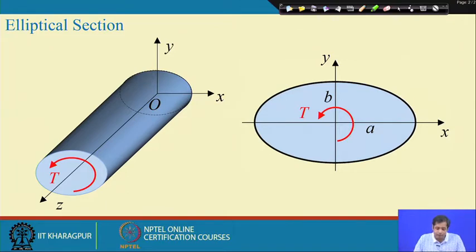Now, whenever we derived that solution, we had certain assumptions, and our starting point of the entire discussion was some of the assumptions that we had in the case of a circular shaft. Some of these assumptions are not valid: that plane sections remain plane, that there is no out of plane deformation, and that every section rotates as a rigid body.